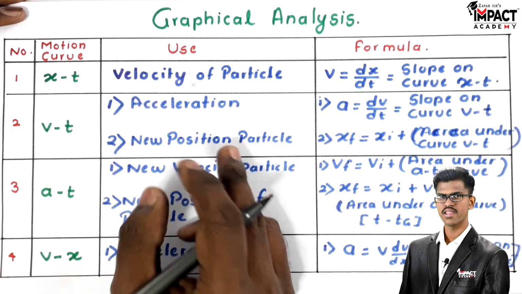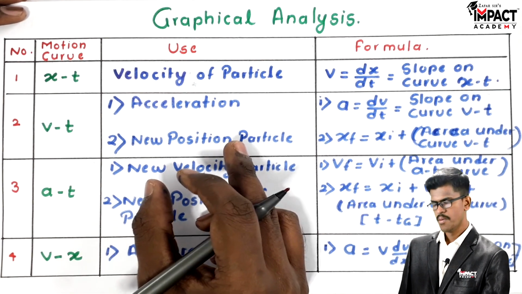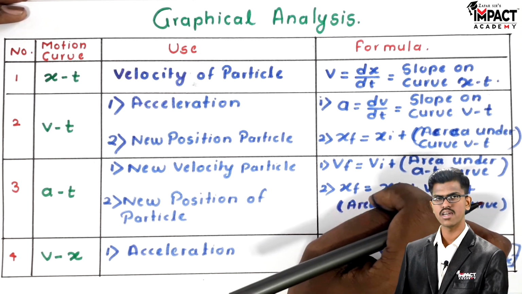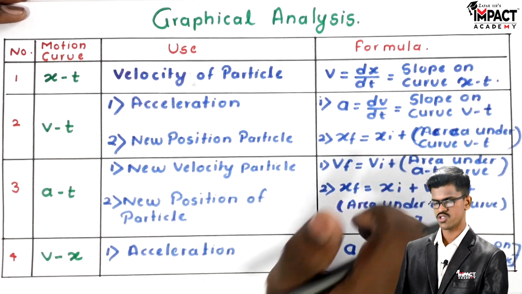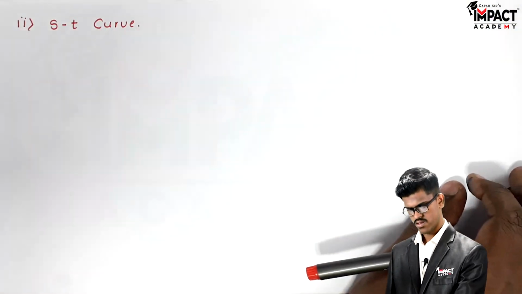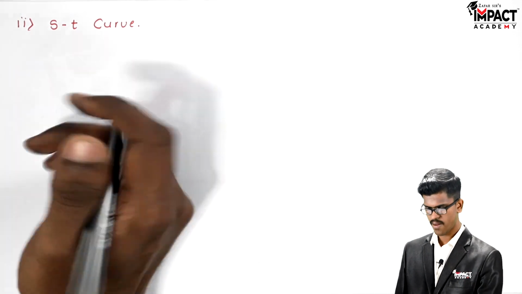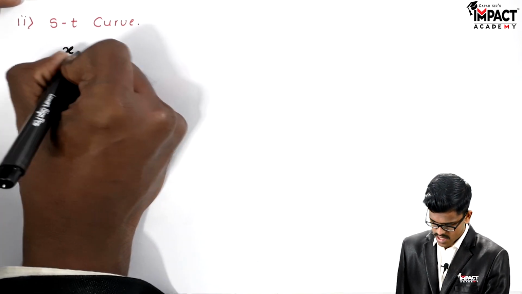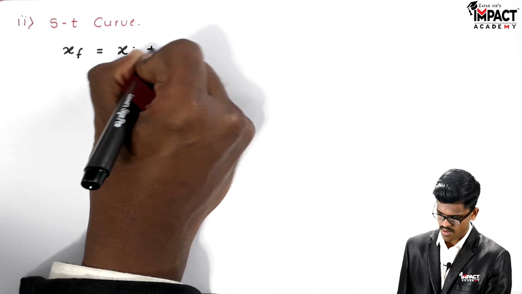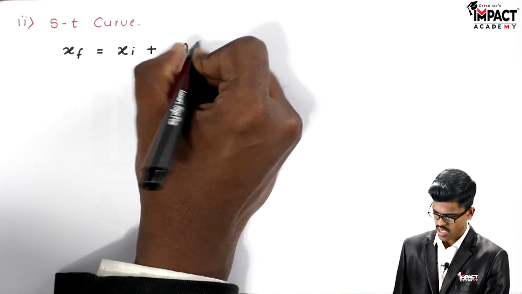Now we have to find the position and displacement of the particle. So we use this formula, that is final position of the particle is equal to initial position of the particle plus area under the curve. So we have the formula xf is equal to xi plus area under the curve.